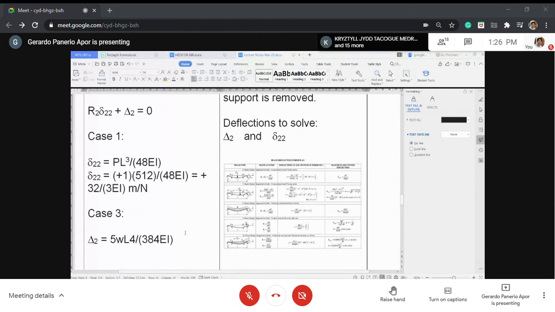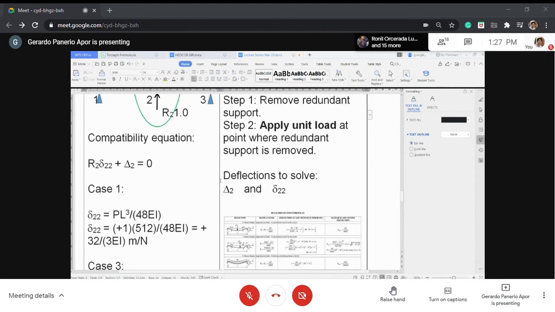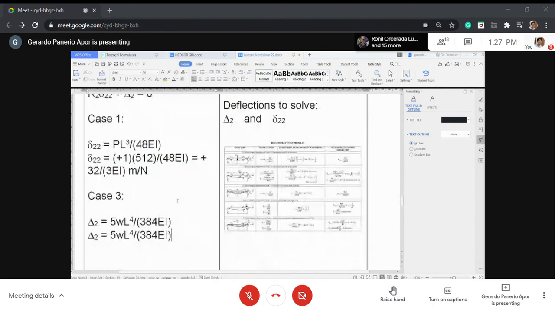Time is running out. So you have L to the fourth, the L is 8, 8 to the fourth, 4096, times 5 times W, which is negative 20 because that's going down. So we have 5 times 20 times 8 times 8 times 8 times 8 divided by 384.